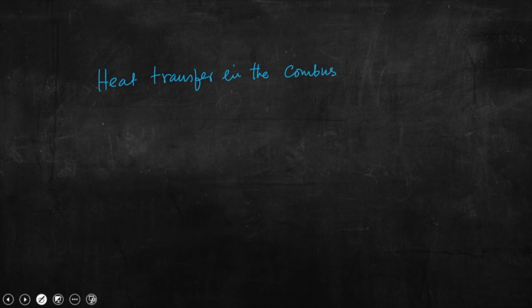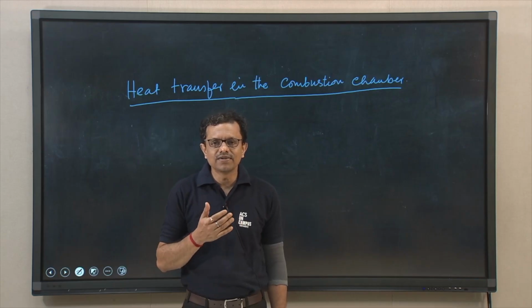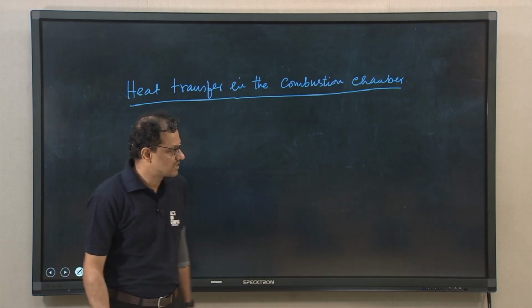So, let us now discuss heat transfer in the combustion chamber. This is very important. The combustion chamber is the place where the rise in temperature of the gases is of the order of 3000 Kelvin, that is what we have discussed, right.